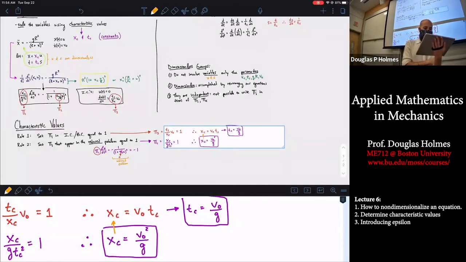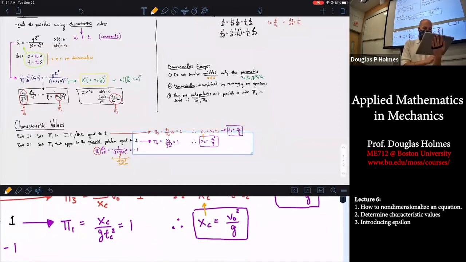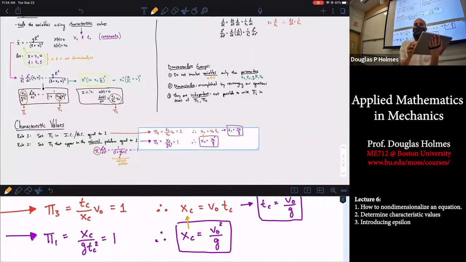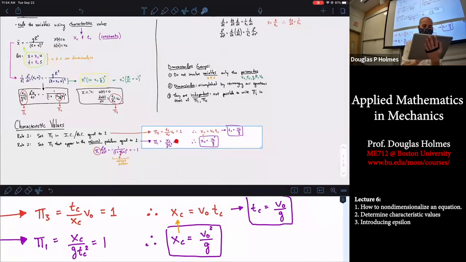Then my question is, how did you get XC equals V naught squared over G from the XC over G times TC squared? Did you plug in the one before it? Yeah, you basically have two equations and two unknowns. Just solving that system of equations, you can identify the characteristic length and time scales. I kind of did it piecewise, which is a little bit messy because you have to go back and forth, but it's two equations, two unknowns, and you can solve for it how you like.